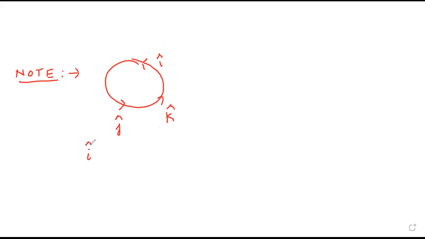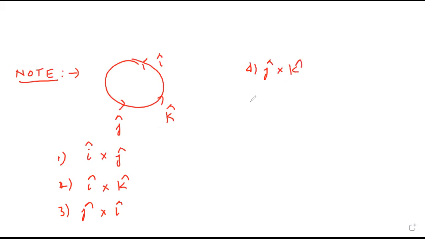So I want to find what is I cap cross J cap, then I cap cross K cap, J cap cross I cap, J cap cross K cap, K cap cross I cap, K cap cross J cap.